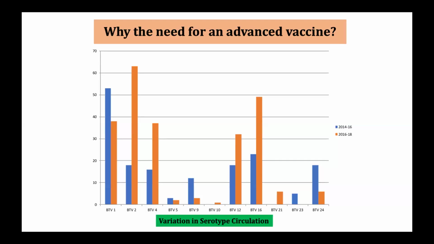We used a lot of advanced tools. Before that, BTV serotype prevalence was checked by serum neutralization test. Now we have standardized real-time PCR, all these latest molecular biology techniques. Isolation and diagnosis were done at a faster pace, and we were able to see this variation because of that.